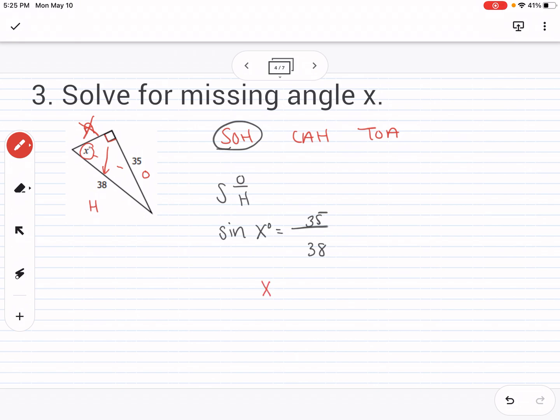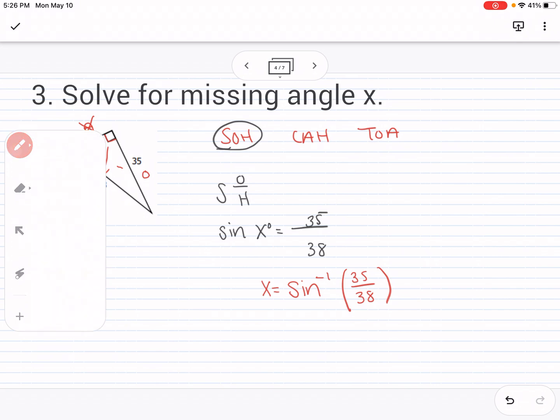If you want to get X by itself, we need to move sine to the other side. When you move sine to the other side, you're doing the inverse of sine, and you put a -1. So instead of 35 over 38, it's sine -1, or inverse sine, of 35 over 38.